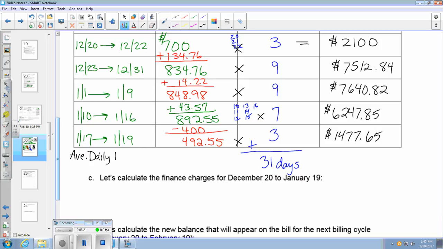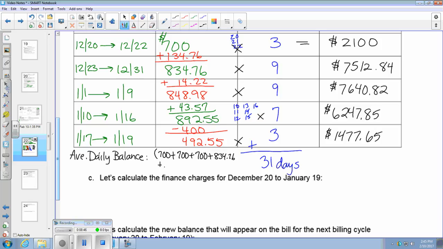And just as an aside, before we go any further, if we want our average daily balance, you're used to doing averages, or maybe you've done them in the past. Your average daily balance means we need to actually add up the balance from day 1, which was $700, plus the balance from day 2, plus the balance from day 3, plus the balance from day 4, which was the $834.76.